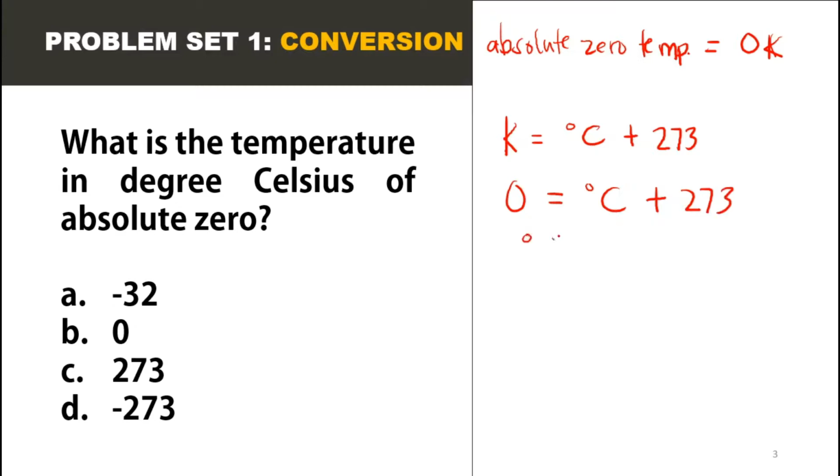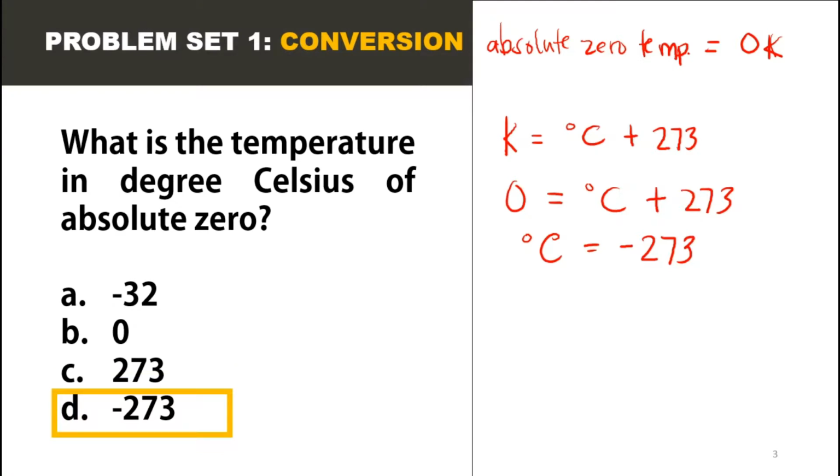So degrees Celsius is equal to, we subtract 273 from both sides, negative 273. So that is our final answer. The temperature in degrees Celsius of absolute zero is negative 273 degrees Celsius. That is letter D.